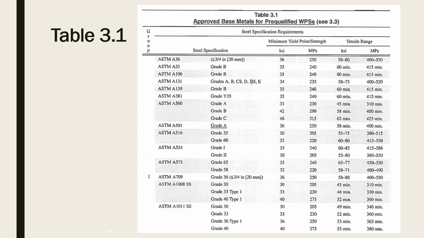I've had people try this. When I was reviewing weld procedures, I spent a couple years in a cube in the Midwest reviewing weld procedures for a big engineering outfit.